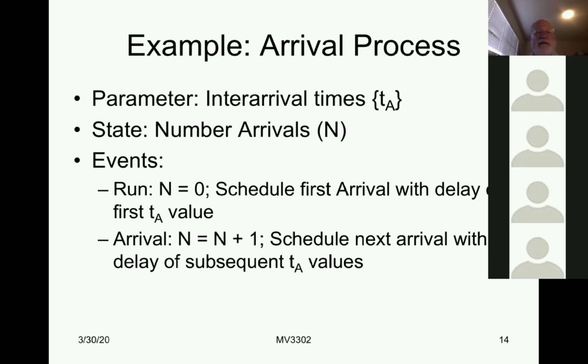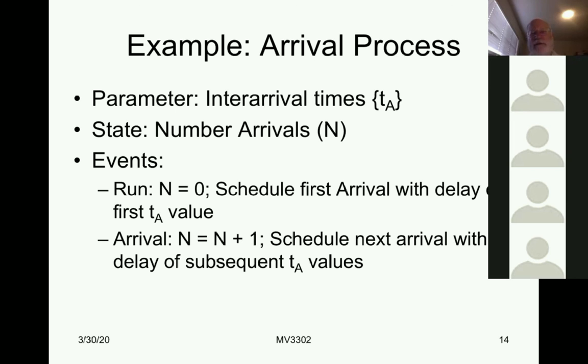So here's our sort of hello world, if you will, example, and that's what I call an arrival process. If you've had stochastic processes, you've maybe learned about a Poisson process. If you haven't, then don't worry. So the idea is that there's going to be a sequence of times.